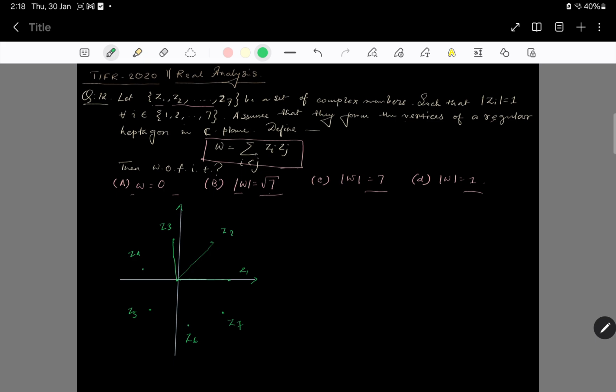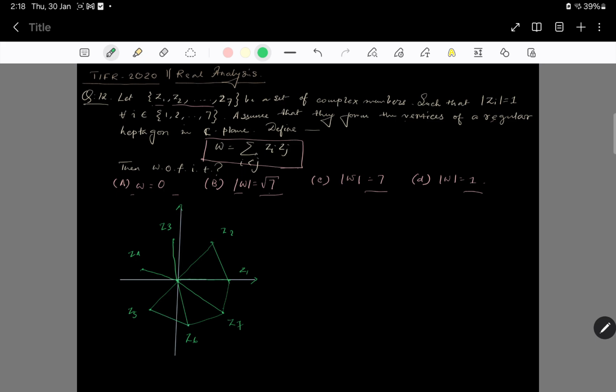That is something like this. Now we will construct the heptagon, which may look something like this, although the picture is absolutely not perfect.